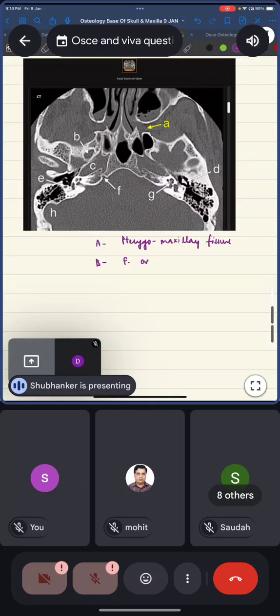B is your foramen ovale. C is your carotid artery. D is your incus. E you can answer either as the facial nerve, or you can answer it as the stylomastoid foramen.